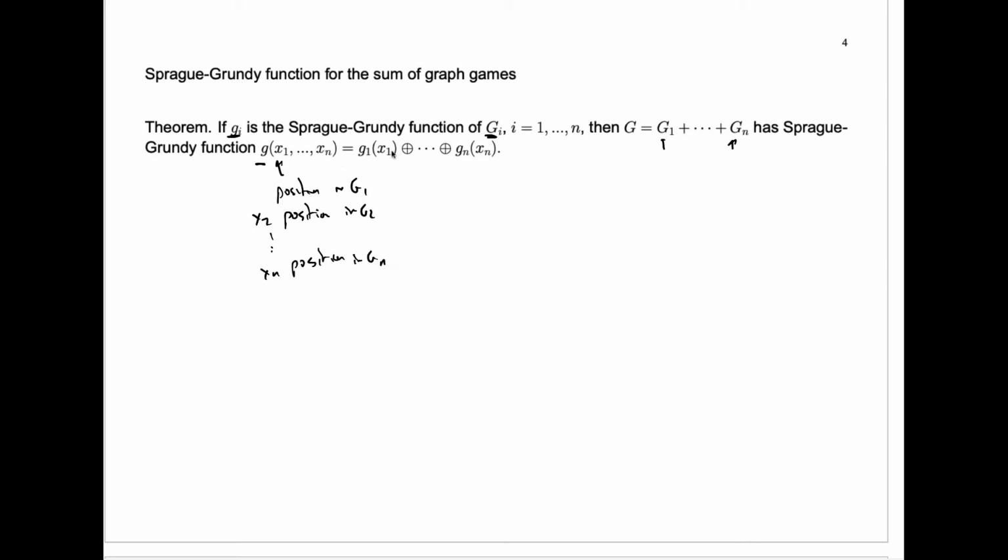How? You just compute this nim sum of those individual Sprague-Grundy functions. If that's 0, you're in a P position for the sum of games. If it's non-zero, you're in an N position, and the winning move will be to find a game where you can make a move that will turn the nim sum of the Sprague-Grundy functions to 0.